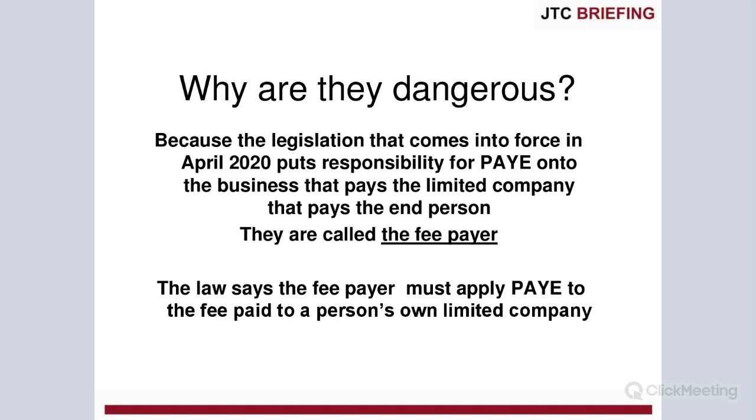It's the firm that pays the first limited company in that chain that is the fee payer. And the law says that the fee payer must apply pay-as-you-earn to the fee paid to the person's own limited company. So for the first time in Britain, we've got pay-as-you-earn being deducted from a payment to a limited company.